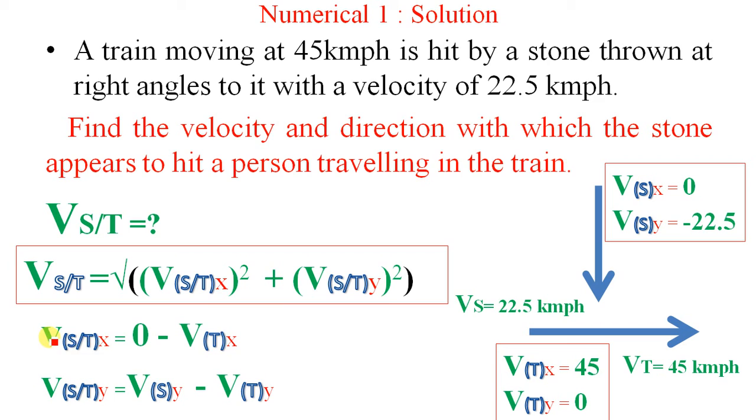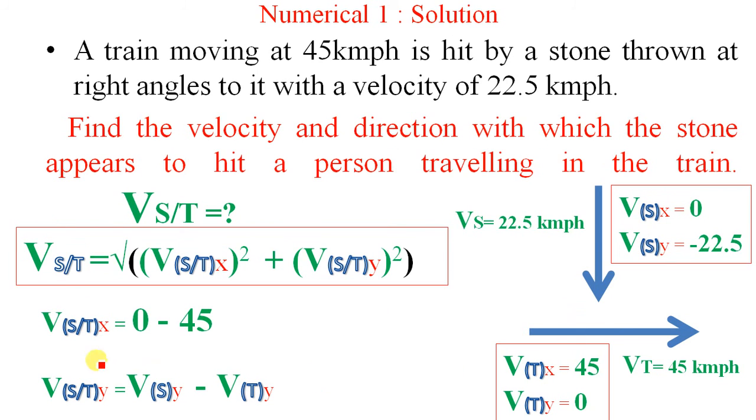So the velocity of the stone with respect to the train in x direction is Vsx minus Vtx. The velocity of the stone in x direction is 0, and the velocity of the train in x direction is 45. So 0 minus 45 will give you minus 45. Similarly, the velocity of the stone with respect to the train in y direction is Vsy minus Vty.